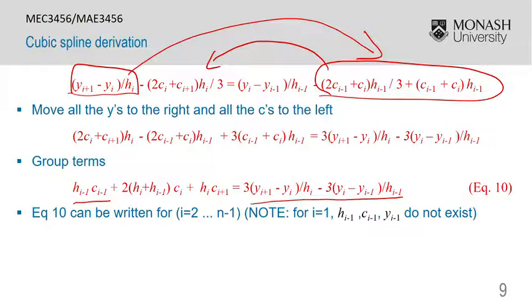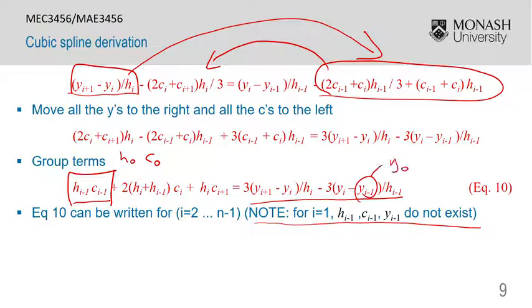So equation 10 can be written for the internal nodes. i goes from 2 to n minus 1. It's actually quite important here, and this is going to come back to be something that we're going to need to somehow deal with. When i is equal to 1, if we look at these two terms across here, we end up with an h_0 and a c_0. And this term here is a y_0.